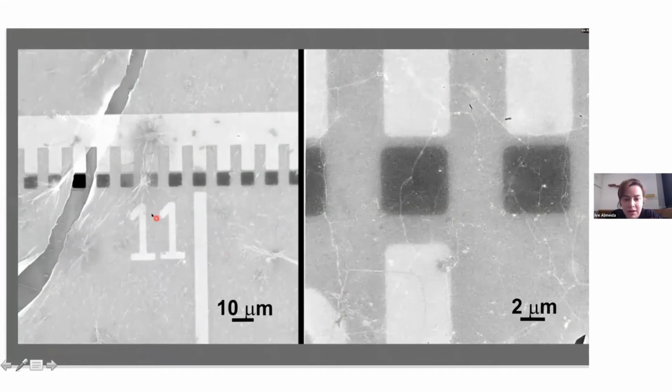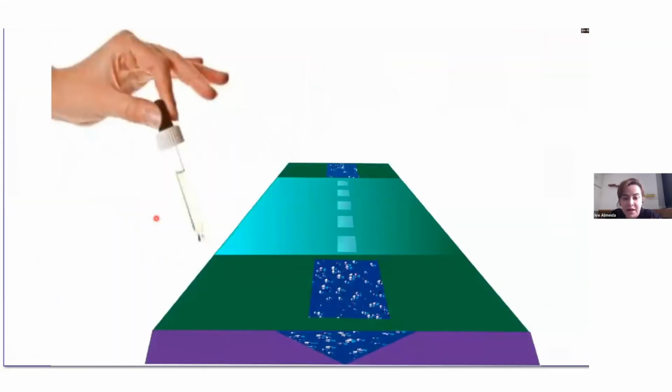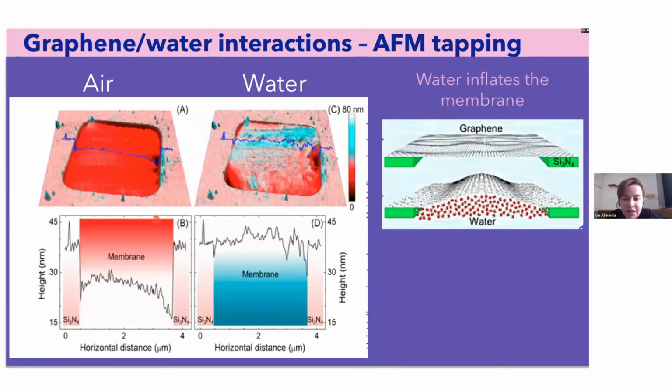Let's jump into our AFM results. These are tapping mode AFM images of the same graphene membrane with air and with water in the channel. Here we can see the typical height profile cross section for the graphene membrane in both cases, with air and with water in the channel.